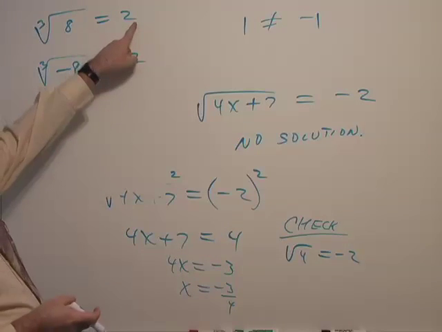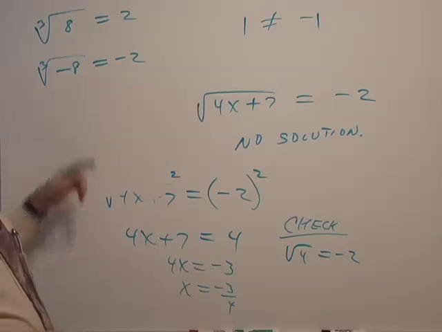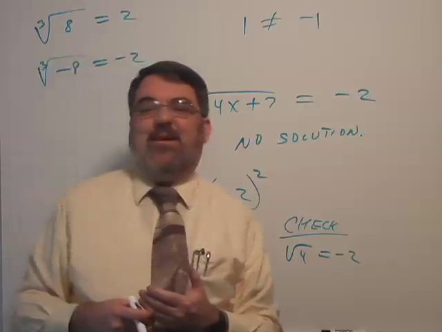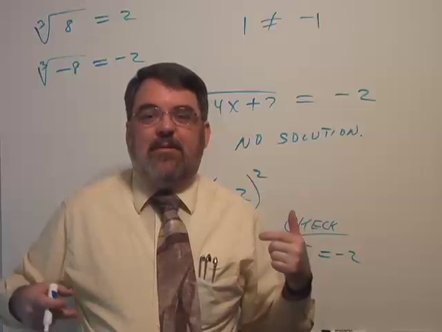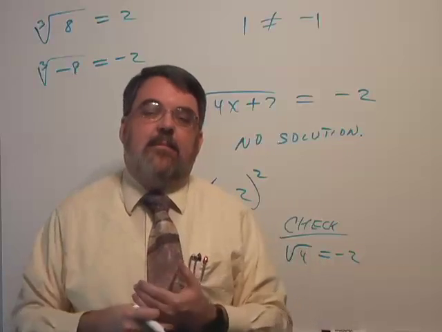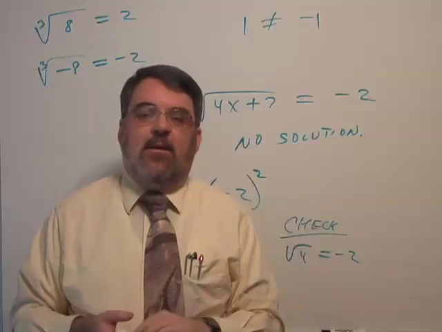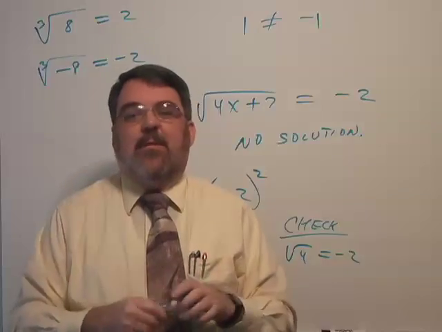So if you raise this to the third power, you'll get positive 8. If you raise this to the third power, you'll get negative 8. So we don't have to worry about that when solving a problem with cube roots in it. From cubing each side, we don't have to worry about the potential of creating a false situation. And that would go for fifth roots and seventh roots, any odd index. It's just the even ones, and primarily the square root is what we're going to worry about in this section.